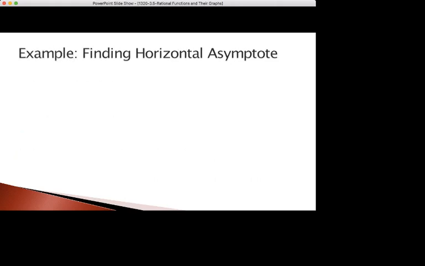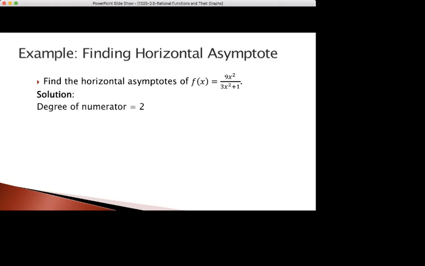Now, let's look at an example. Consider the function f of x, 9x squared over 3x squared plus 1, and we've been tasked with finding the horizontal asymptotes of this function. First thing we need to do is check out the degrees of the numerator and the denominator. The degree of the numerator is 2.